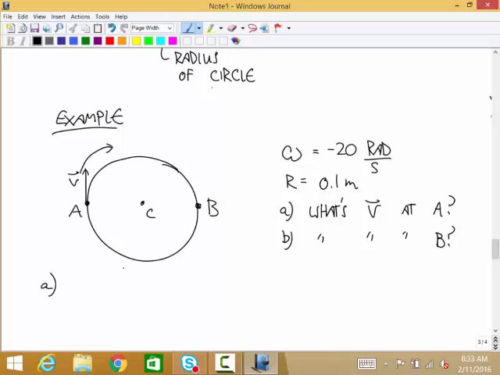The magnitude is, let's see, 20 times 0.1 in this direction. Any questions about that? Okay, and then if you want to express this velocity vector in components, how would you do that based on this information?